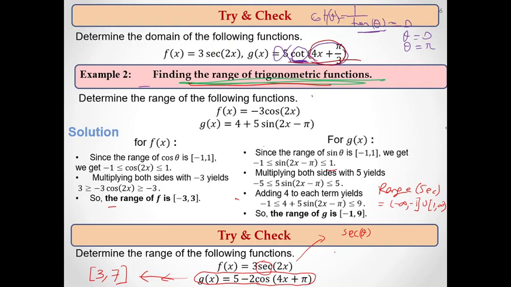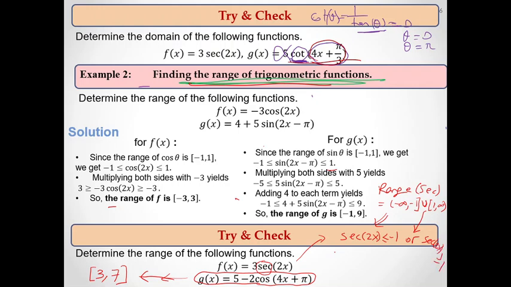So if you try to write it in terms of inequalities, you can say secant 2x is less than or equal to -1, or, I hope you remember the 'or', that was a union, secant 2x is bigger than or equal to 1.